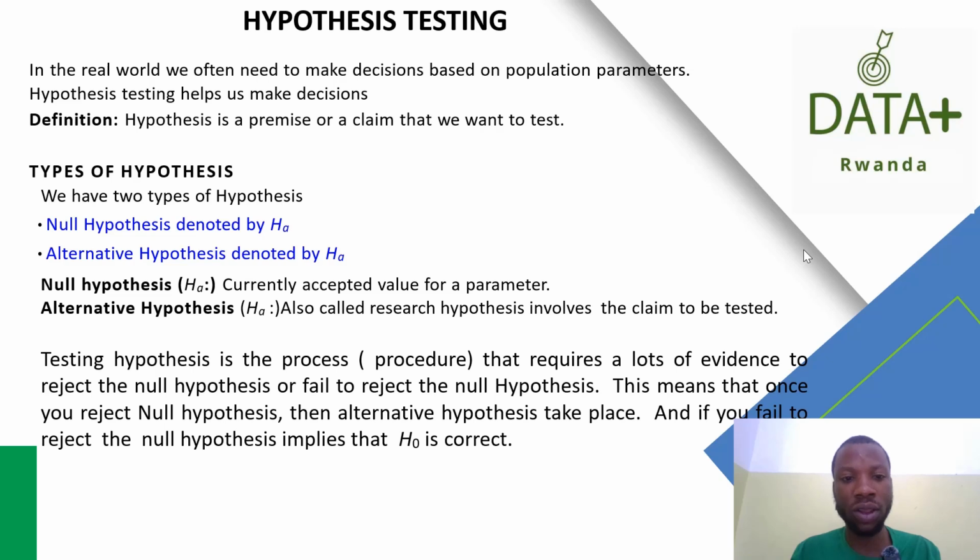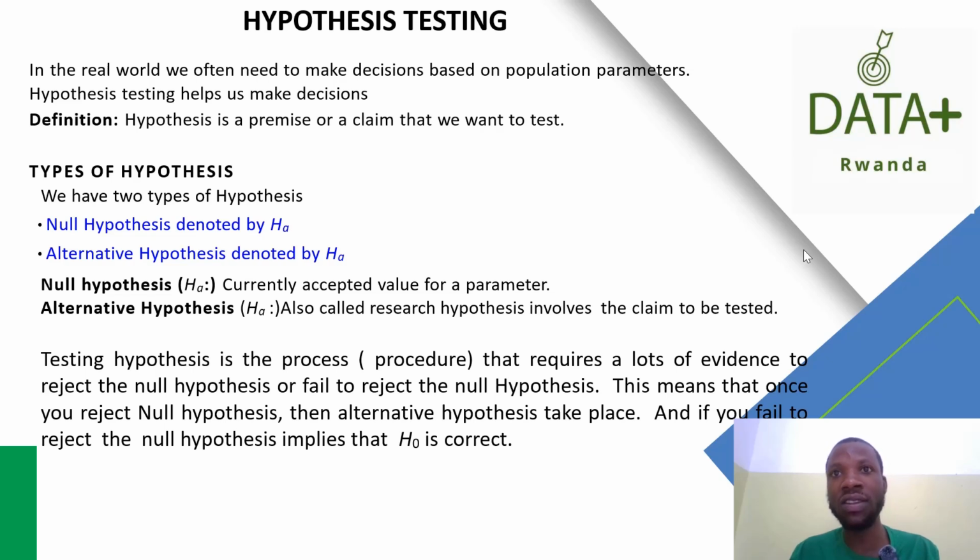So the null hypothesis is the current acceptable value for the parameter. It is what we have in our mind, what we studied for. That's what we call the null hypothesis. Say people claim there is a difference between the salary of men and women in Rwanda.